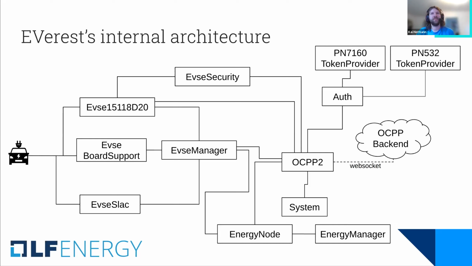This is a very central module in all charger configurations because it contains the core charging logic, the state machine, basically, for how charging should happen. And on top, you can see this EVSE security module. This is an abstraction we have mainly for handling all kinds of certificates. And on the right, multiple other modules are connected as well.